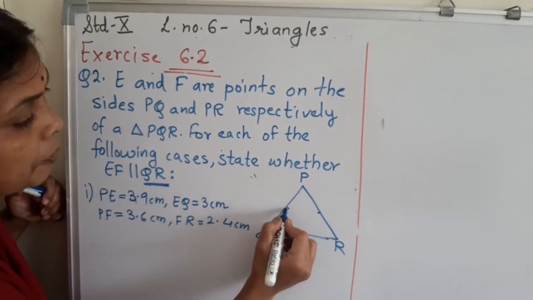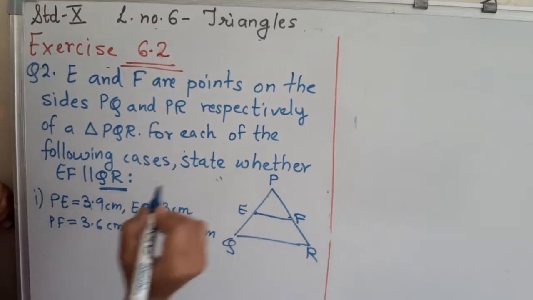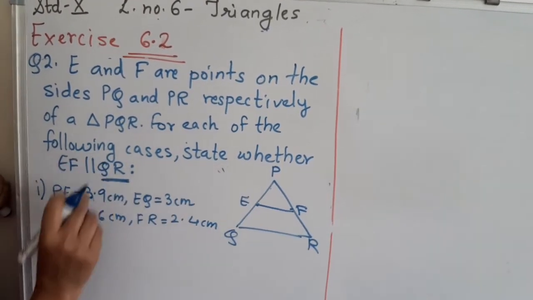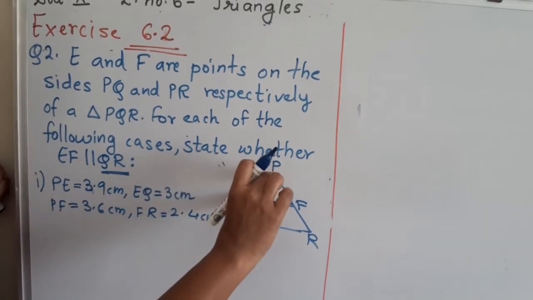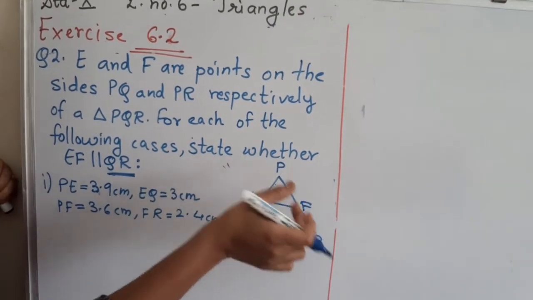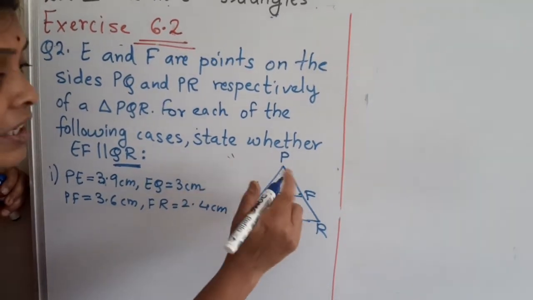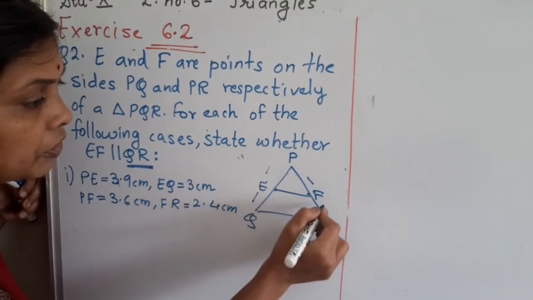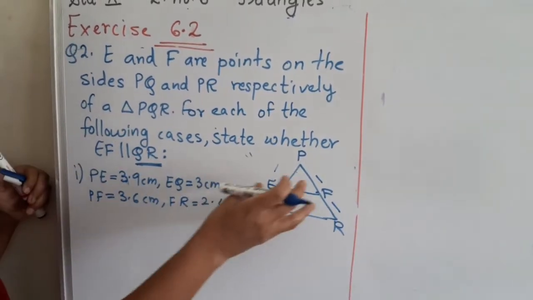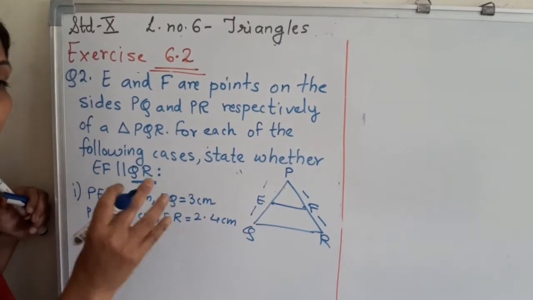They are intersected by the points E and F respectively, and they have given us the values for PE and EQ, PF and FR. So when these ratios are given, we have to find out whether the ratios of the two sides are the same.